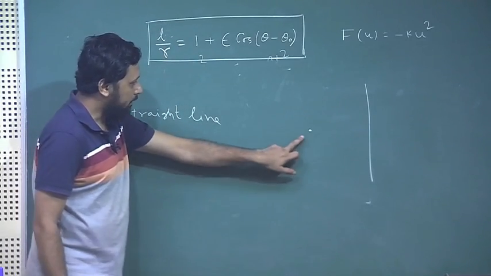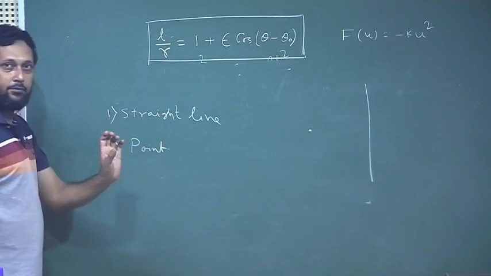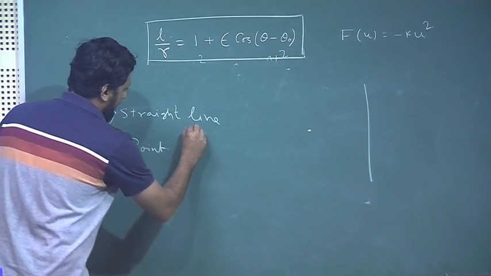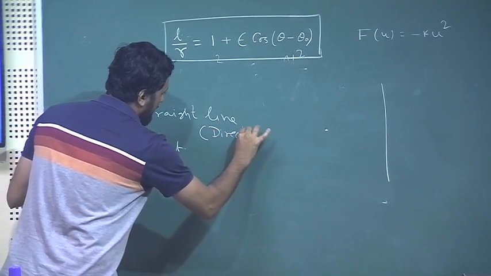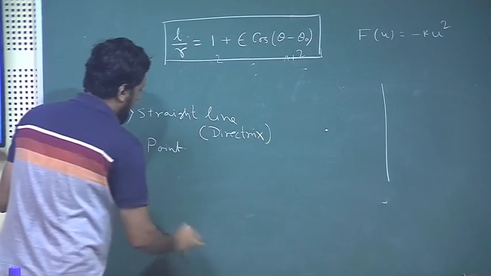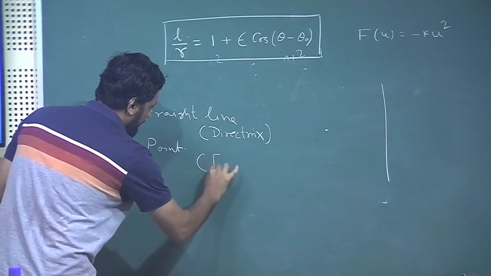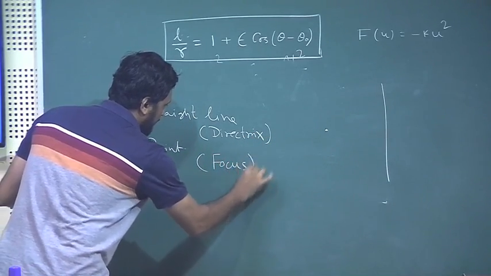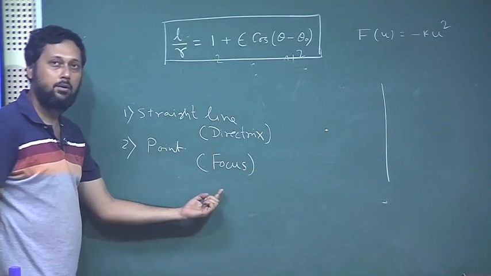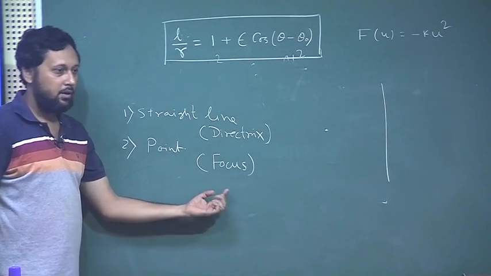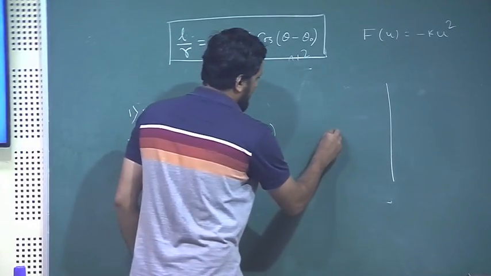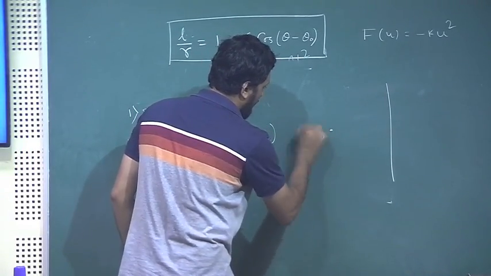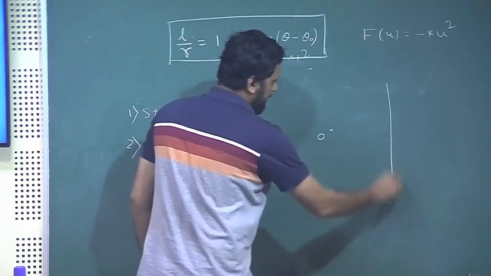Now, there happen to be very defined names for these. The straight line is called a directrix and the fixed point is called the focus. I hope these terms are familiar to you from your coordinate geometry. Now, this is the focus, we call this O, and this is the directrix.